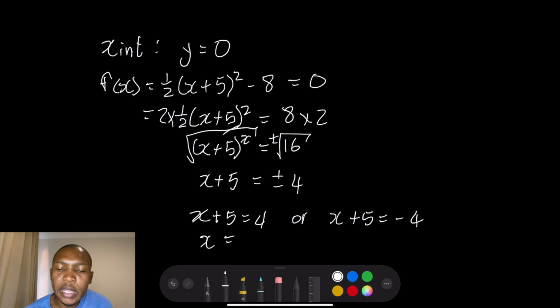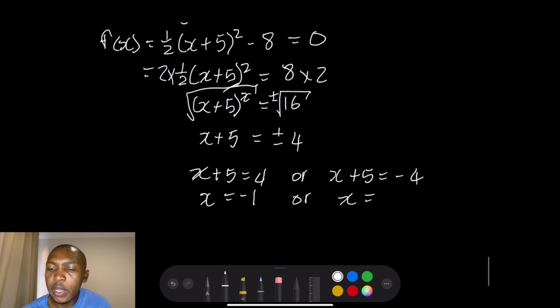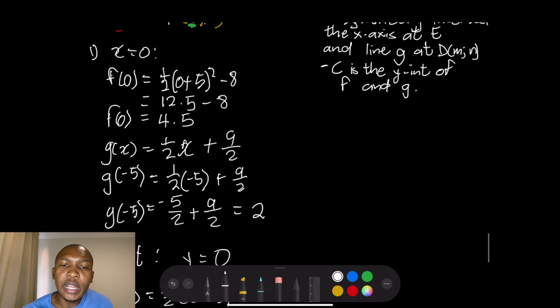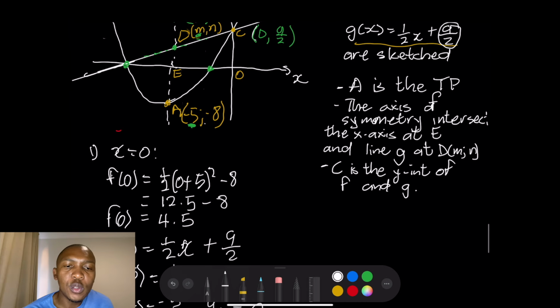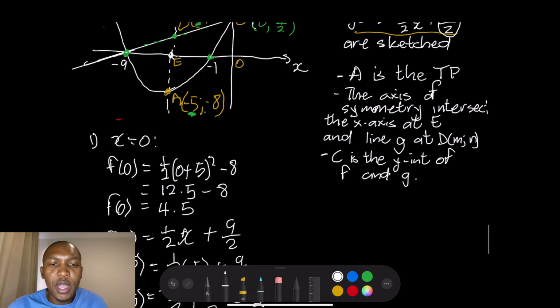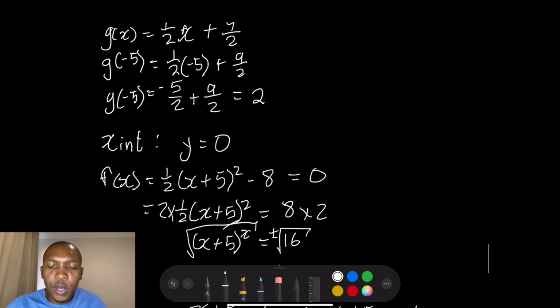So you can see x is equal to minus 1 here, or x would be equal to negative 9. So if I look at my original drawing, this value here would be negative 9, and the other one would be negative 1. And it makes sense that halfway between that would be at negative 5. Okay, so there we go.